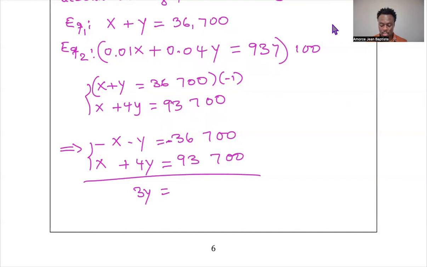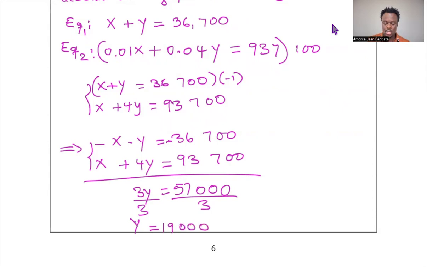So that is 57,000. And then if we divide by 3, we get y equals 19,000.